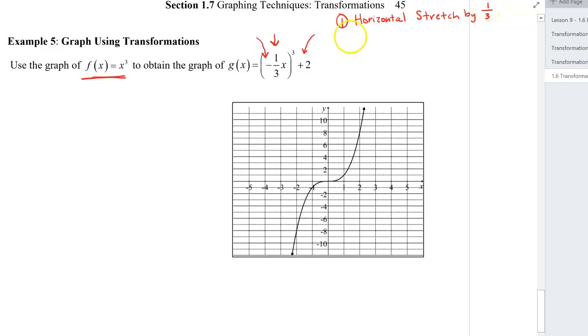1/3. All right, the second transformation is the reflection, and since it's in here with x, this would be a horizontal reflection.